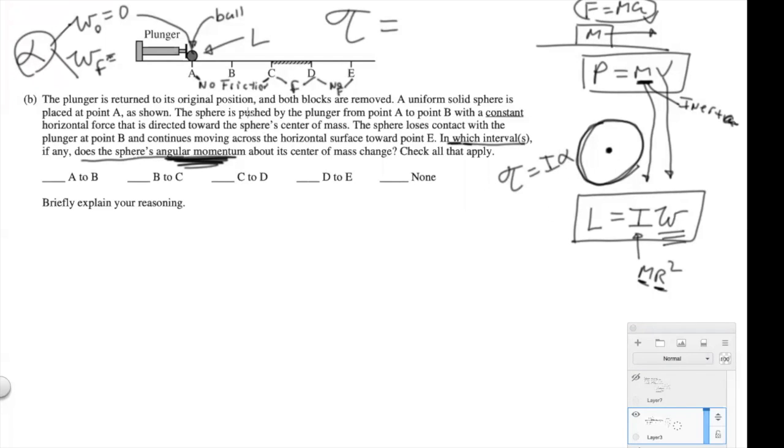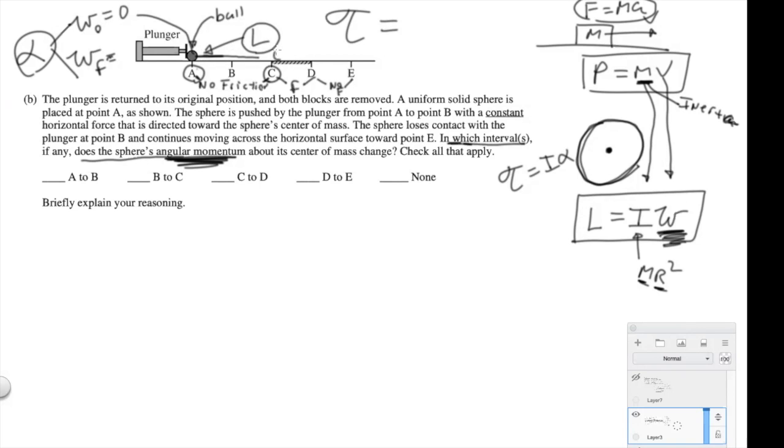So in order for this ball to start spinning and therefore have an angular momentum because it has angular velocity, there has to be a torque. From A to C, there is absolutely no torque applied because there's no friction here. The ball is not going to start rolling because it cannot interact with the surface to get that required torque.